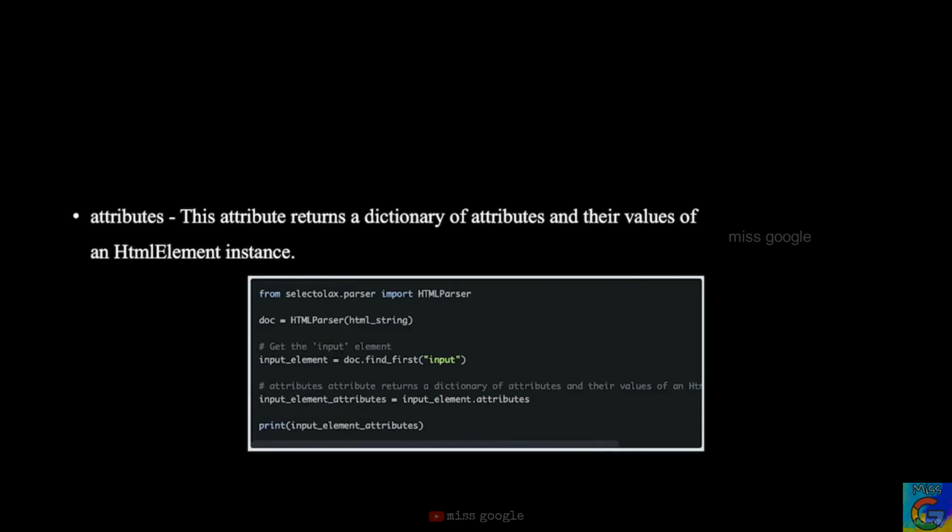So the attributes attribute essentially, as you can guess, this attribute returns a dictionary of attributes and their values of an HTML instance. So for instance, in this case, we want the elements that are in the input tag or the input element.